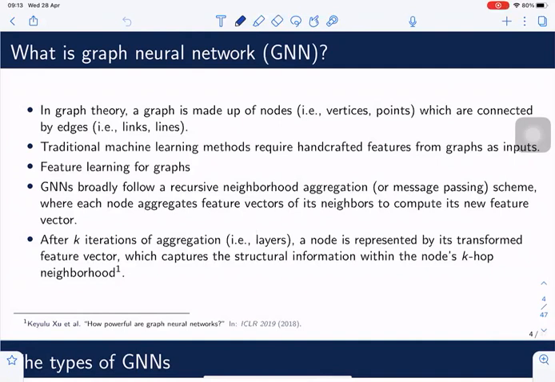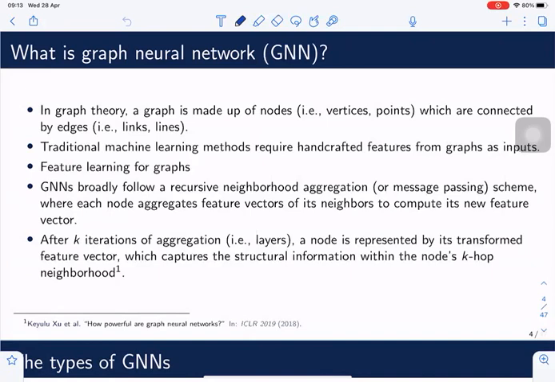Let's imagine applying traditional machine learning methods to solve graph-related problems. It's really hard. It's probably impossible to directly operate an SVM, support vector machine, on graphs, because the first step we need to take is to generate handcrafted features.